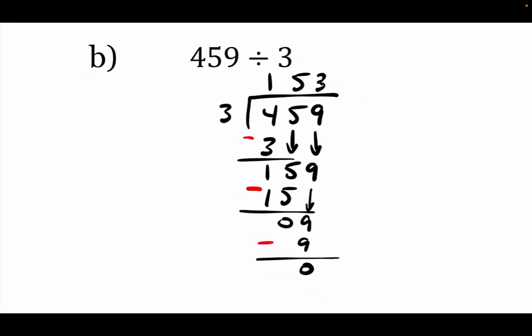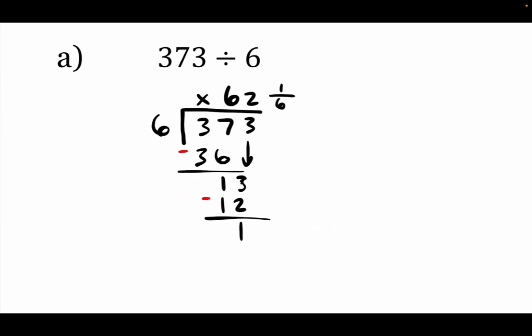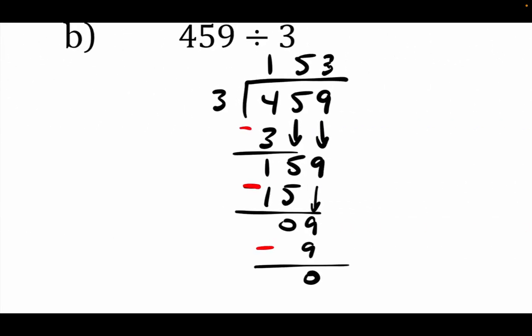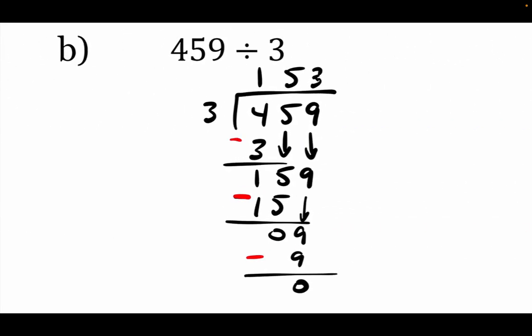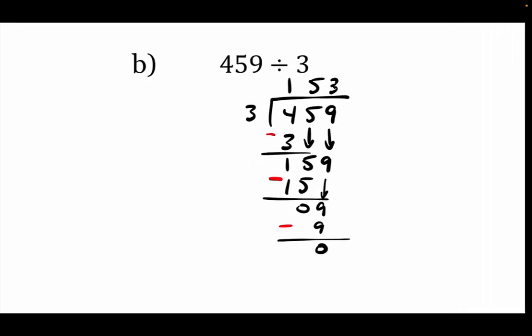No remainder this time. So what do we call 3? 3's got a special name. Over here, 6 had a remainder. So what do we call 3? 3 is a blank of 459. Starts with an F. Factor. It's a factor, right? How do we know it's a factor?